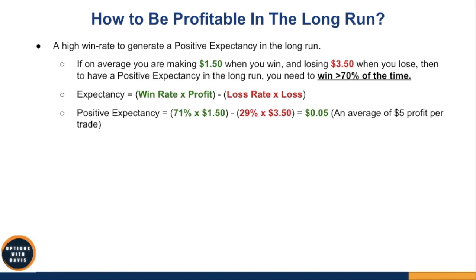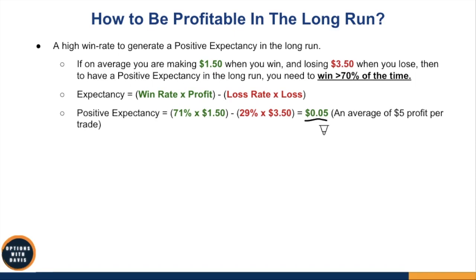So to have a positive expectancy, first off, you need to have at least 71%, because if you see it this way, if you have a 71% win rate and you win $1.50 each time you win, and your loss rate is 29%, you lose $3.50 each time you lose, you're going to have a positive expectancy of 5 cents, which means you're going to have an average of $5 profit per trade.